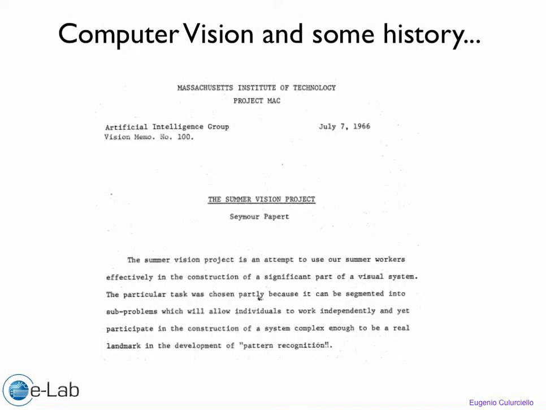Now, let's look at what has happened in the last 50 or 60 years. Computer vision has been around for a while as a science that is supposed to computerize vision, creating software algorithms that can build a visual system like our own and give you the ability of seeing. This document here, the Project MAC, Massachusetts Institute of Technology, on computer vision, July 7, 1966, has circulated a lot on the internet, especially recently.